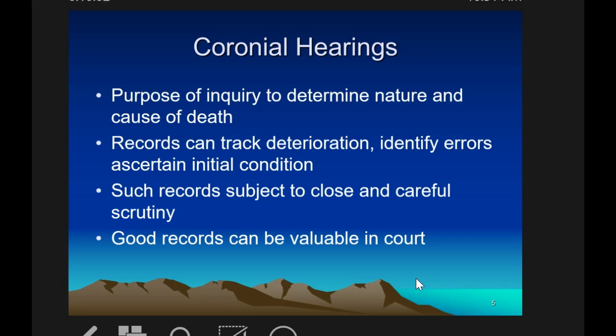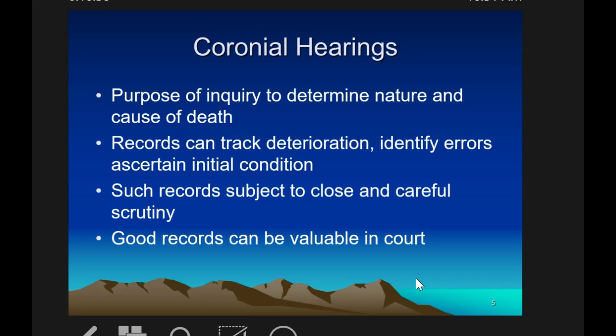For whatever purpose a patient's records may be required in legal proceedings, such records, and that includes the nursing records, will be subject to, and I can't stress this enough, close and careful scrutiny. They will be absolutely picked apart. It is really important, therefore, that these records meet the standard expected of them, having regard to the purpose for which patient records are used.